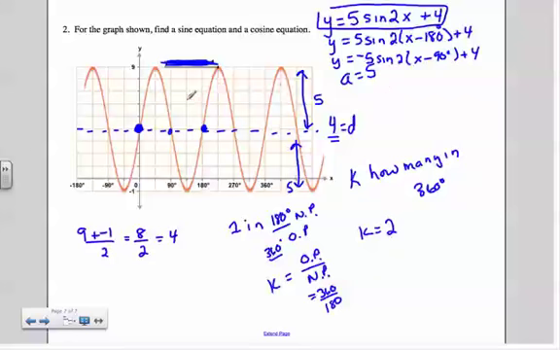So now for cos, all I really have to do is find a starting point. There's a starting point for cos right there, and it's forward 45 degrees. So that means I'm going to have to subtract 45 degrees in my equation, but everything else is the same. So y equals 5 cos of 2x minus 45 degrees plus 4.